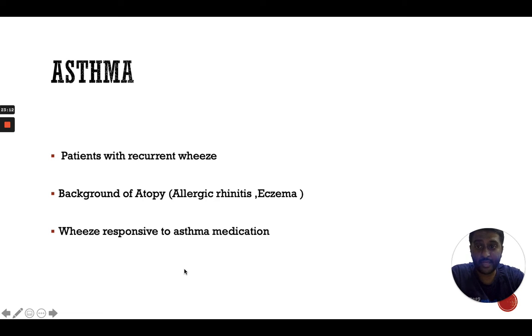Okay, so we can look at a few things in the history and family history, and also the patient response to certain medications to make a clinical diagnosis of asthma. Okay, patient with recurrent V's, background of atopy, like they have allergic rhinitis, eczema, the family history of asthma, and if their V's is responsive to asthma medication, then you can make a clinical diagnosis of asthma.